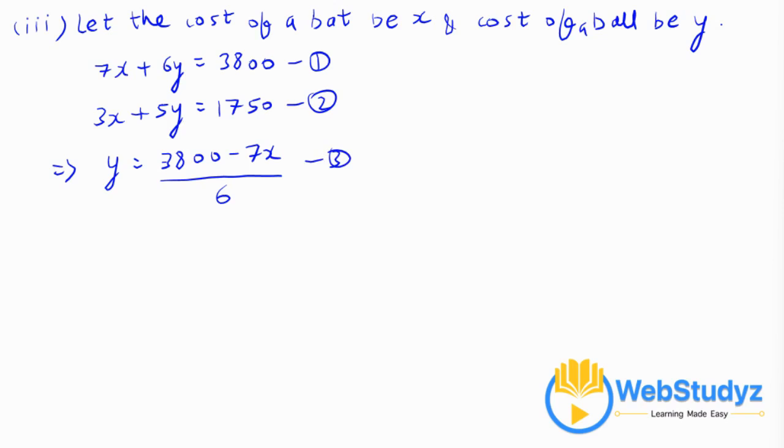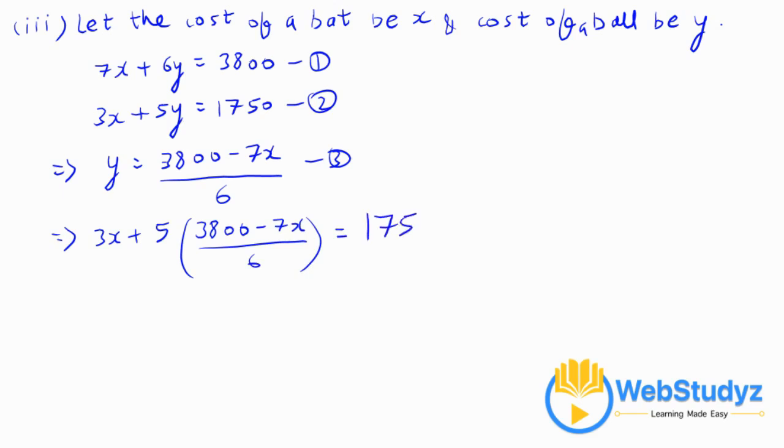Now, substituting the value of y into the second equation, we get 3x plus 5 into (3800 minus 7x) divided by 6 is equal to 1750.